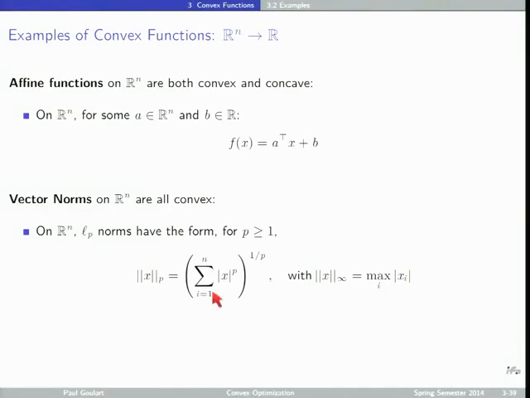And it doesn't have to be one of these p norms. It could be any function that satisfies the three conditions of the norm. If you want to prove that any vector norm is a convex function, this is very easy to do, because the subadditivity property of the norm looks very much like the definition of convexity.